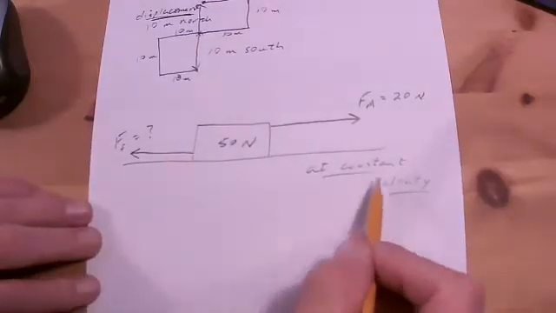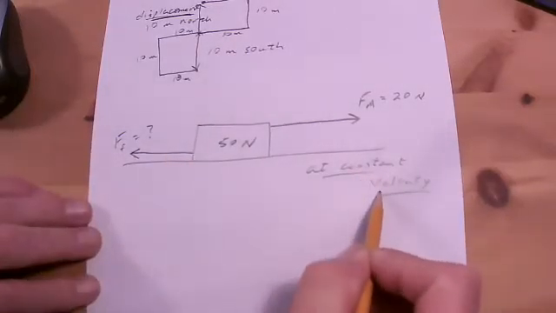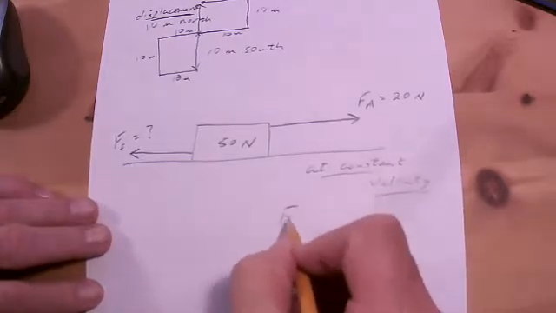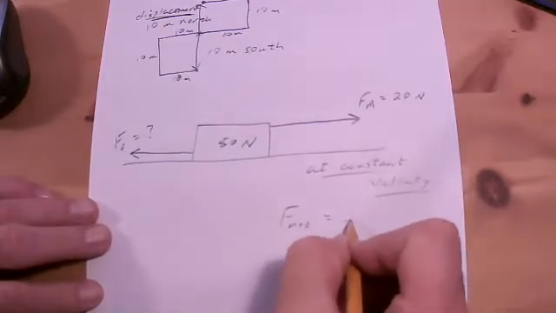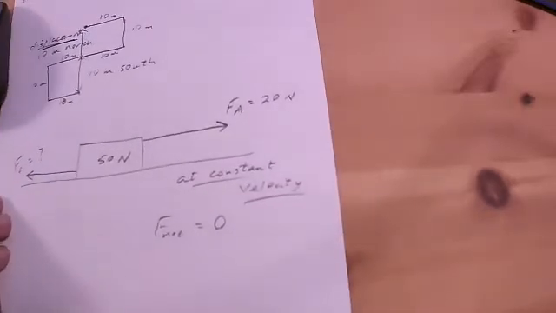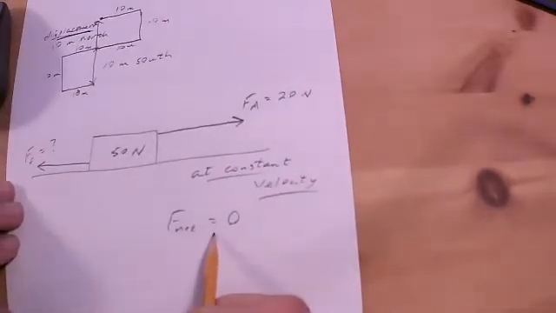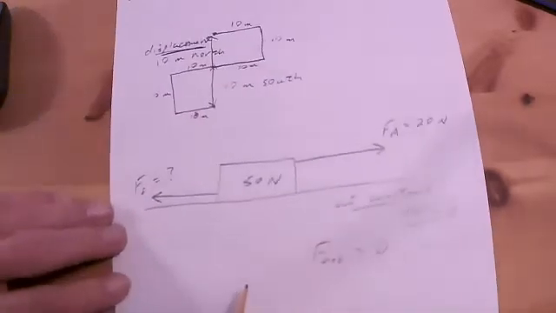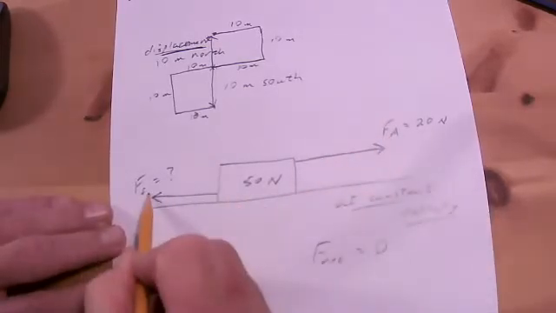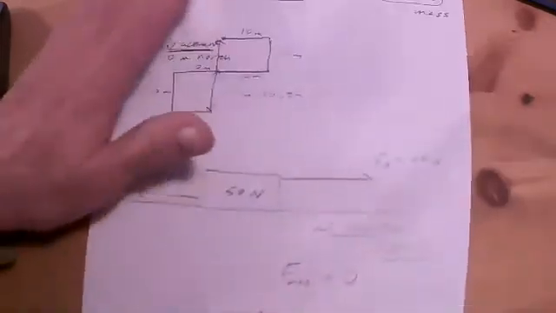Now, the keywords: at constant velocity. At constant velocity, I know that the net force is 0 because there's no acceleration. And since the net force is 0, I know that the applied force and the friction force are the same. They have to match up.